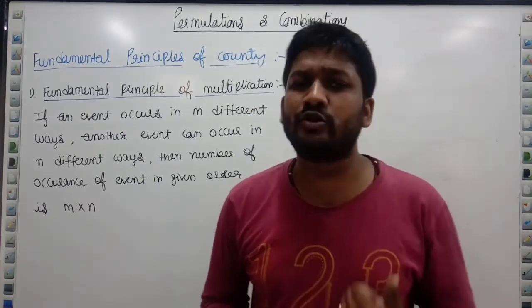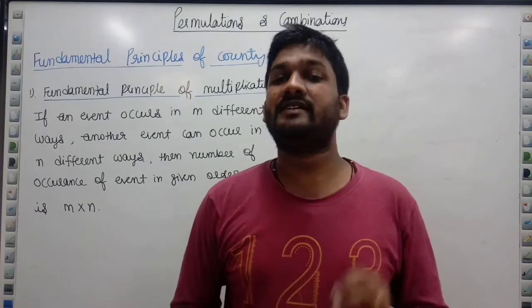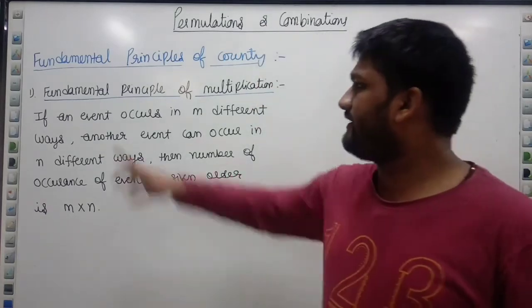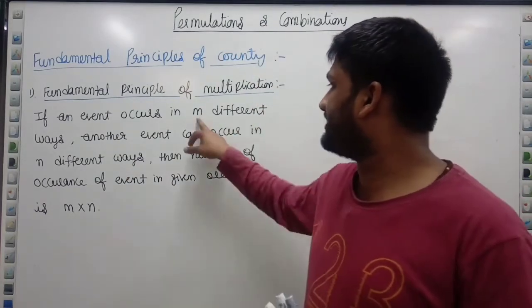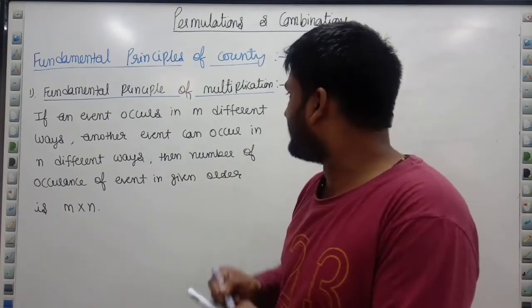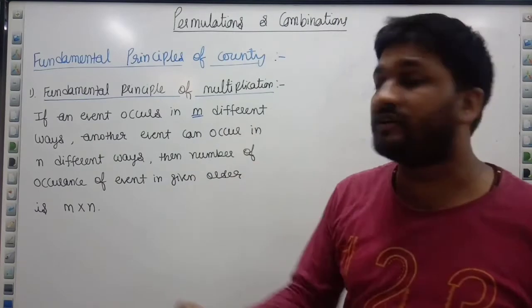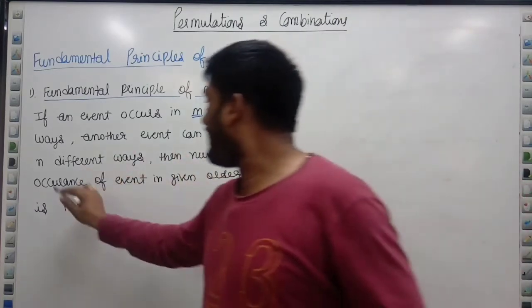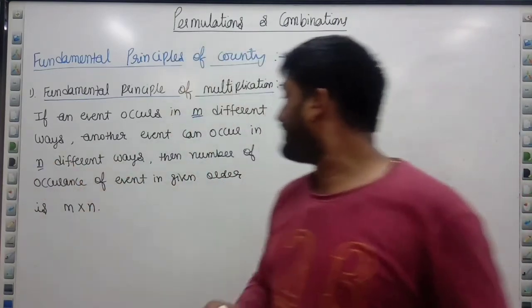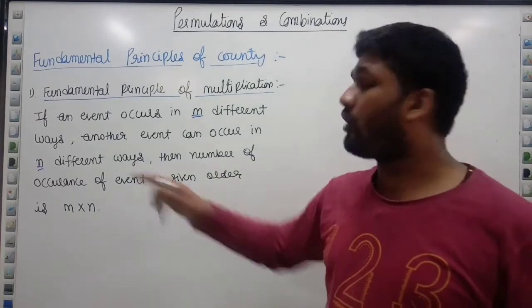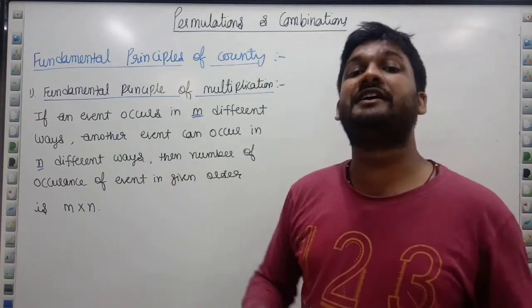Now what does it actually say? Suppose an event occurs in m different ways, and another event occurs in n different ways. Then the number of arrangements of occurrence of the events in the given order.